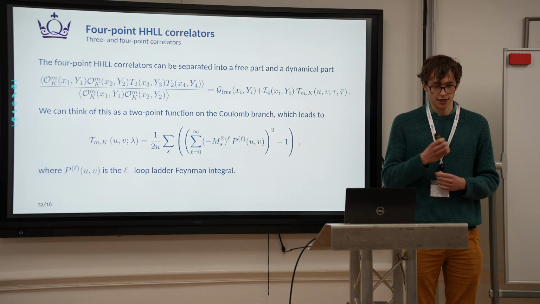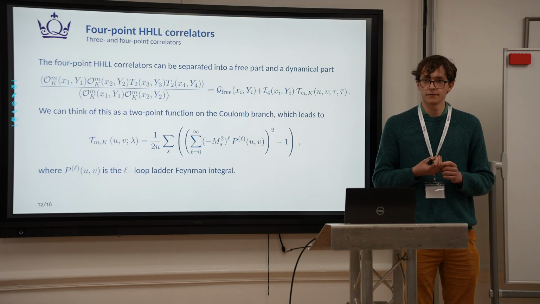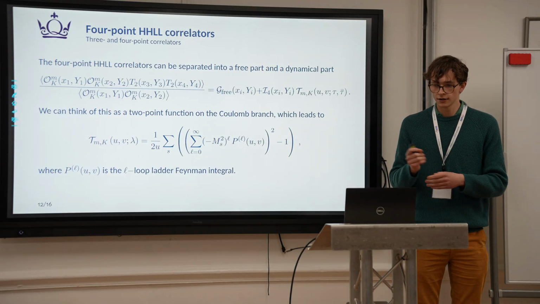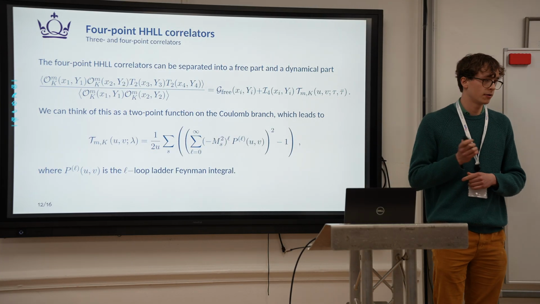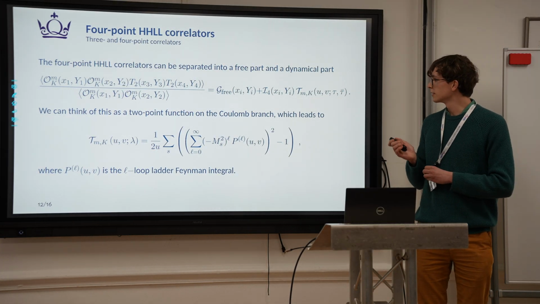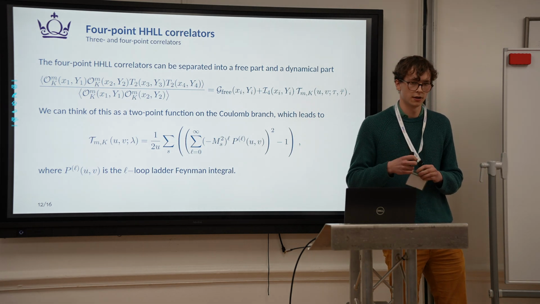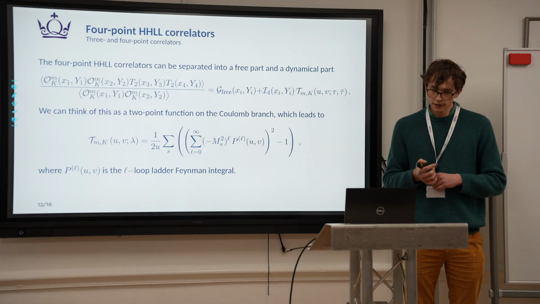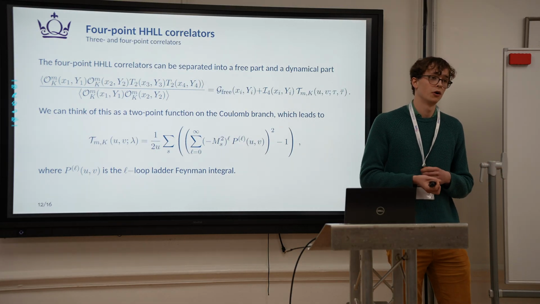We consider these correlators, and we can first separate this into a free part and a dynamical part. The free part we can just calculate by Wick contractions. The curly T is the dynamical part, which is the interesting part. This is effectively given by a 2-point function on the Coulomb branch.